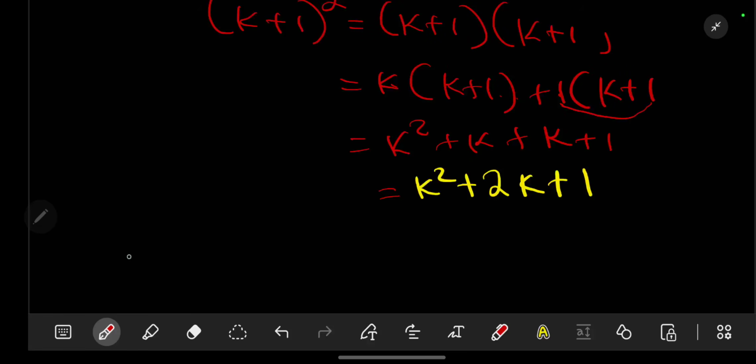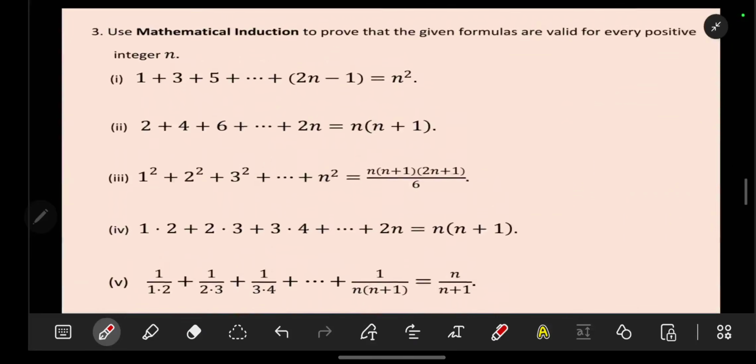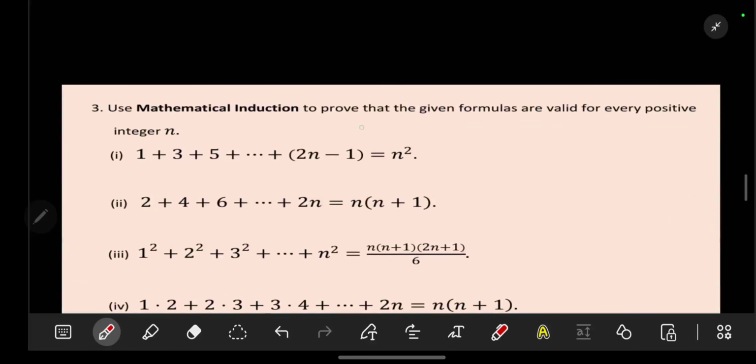Therefore we can say that, or rather we can conclude, what was the instruction saying? Mathematical induction for any positive integer n.